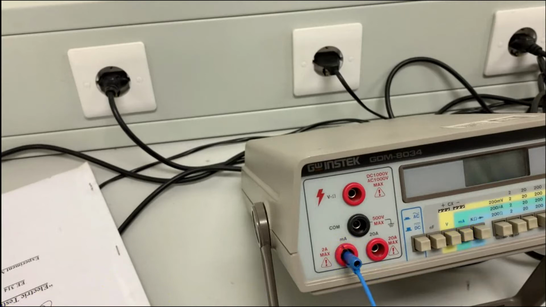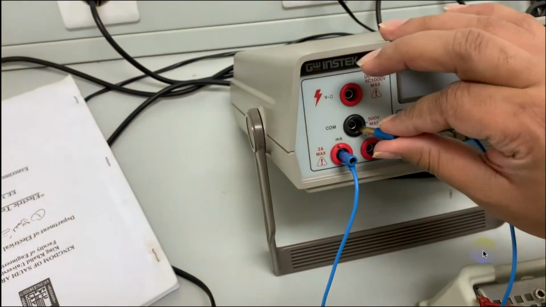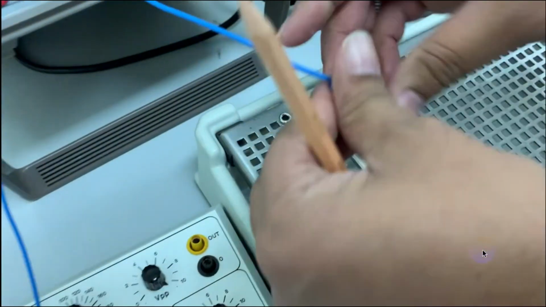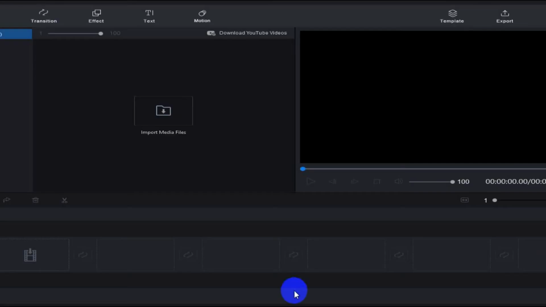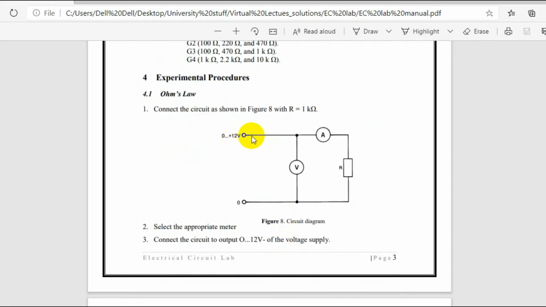From the ammeter, from common we will connect to the 1 kilo ohm resistor, like this. From this point to this point is the ammeter. Later on we will connect the voltmeter. From this point we are connected to the resistor.